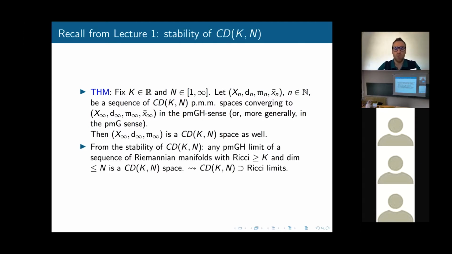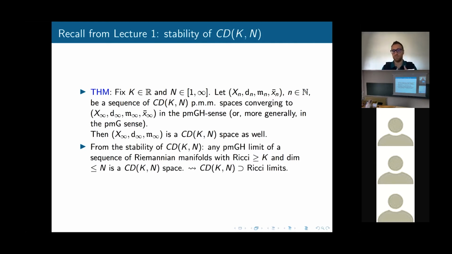Now, from the stability of CD(K,N) and from the fact that for a smooth Riemannian manifold, Ricci bounded below by K and dimension bounded above by N holds if and only if it is a CD(K,N) space, it follows that any pointed measure Gromov limit of a sequence of Riemannian manifolds with Ricci bounded below by K and dimension bounded above by N is a CD(K,N) space.